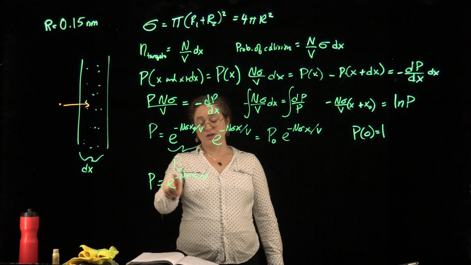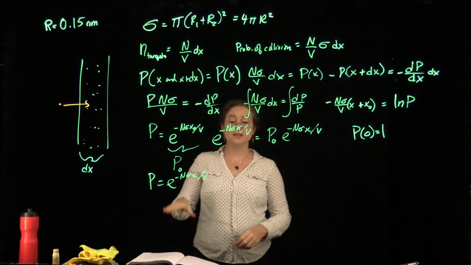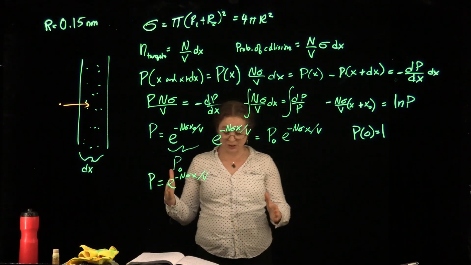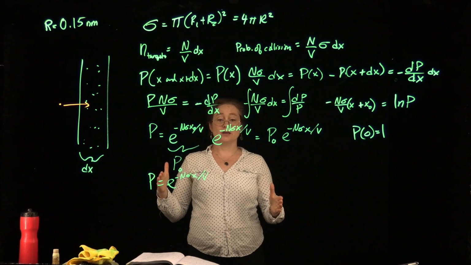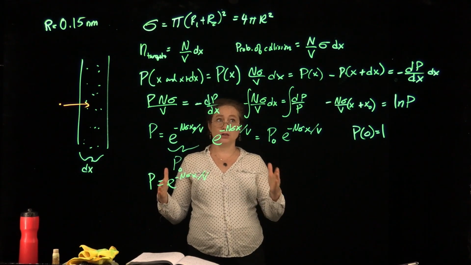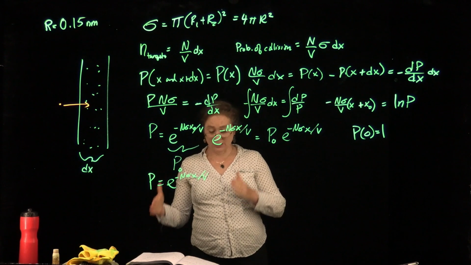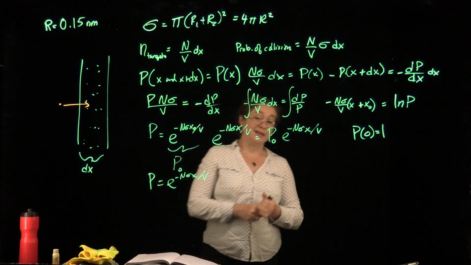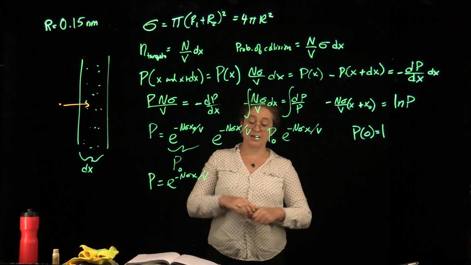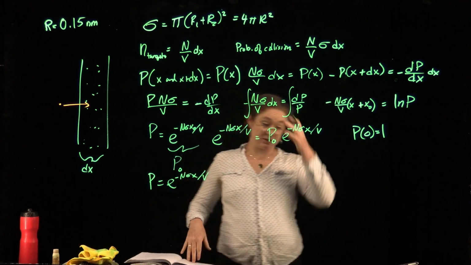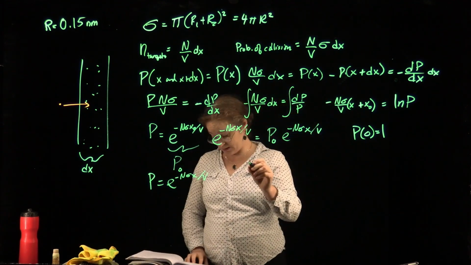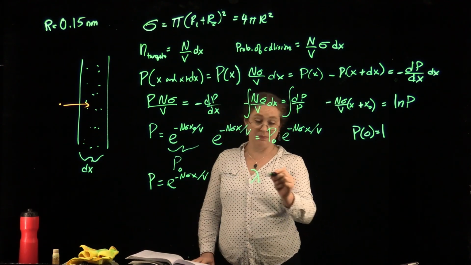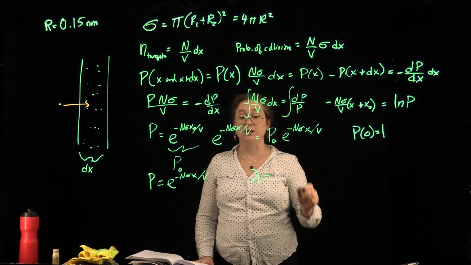Now, a little clarification on exactly what this is. This is the probability that by the time I have reached point x, the particle has interacted. So if I want to calculate the average distance to interact, we will call this lambda, matching with the conventions in the field.